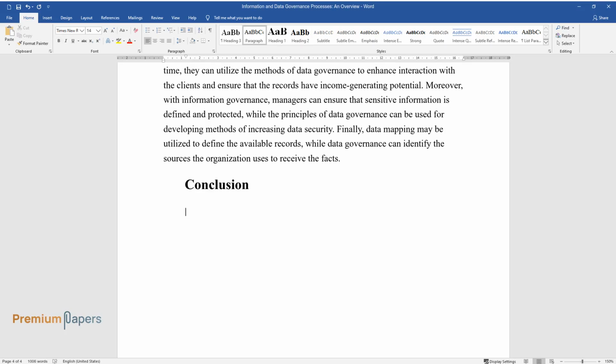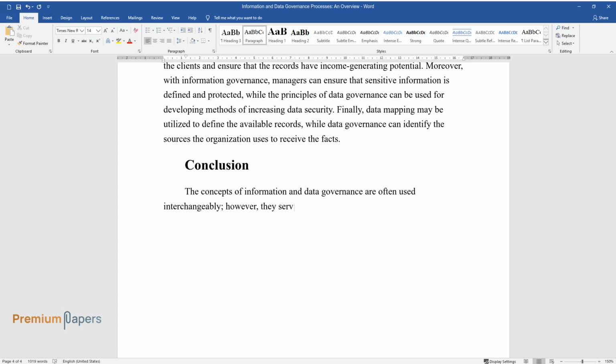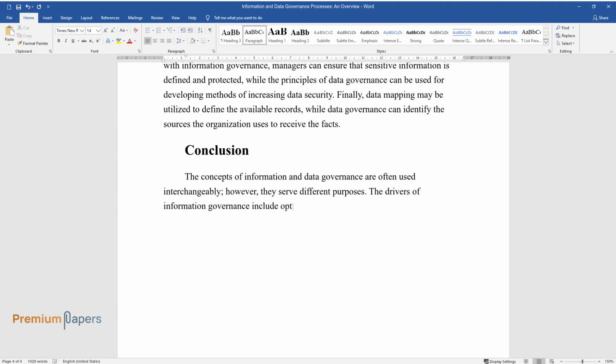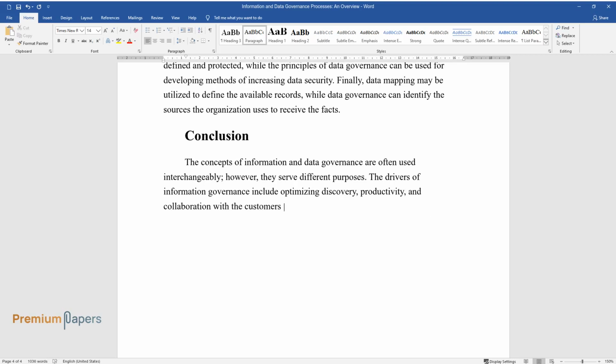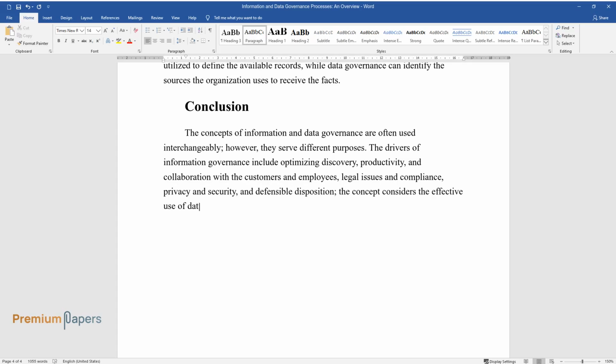Conclusion. The concepts of information and data governance are often used interchangeably, however, they serve different purposes. The drivers of information governance include optimizing discovery, productivity, and collaboration with the customers and employees, legal issues and compliance, privacy and security, and defensible disposition. The concept considers the effective use of data.